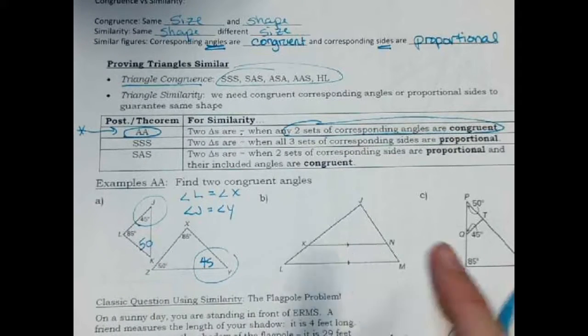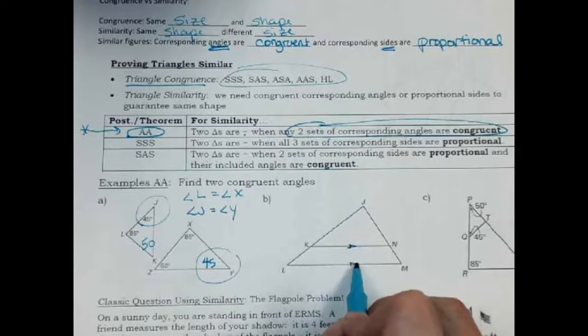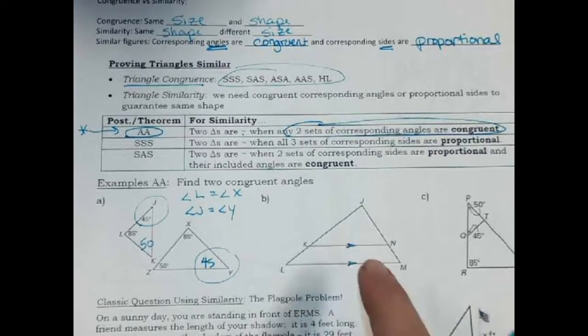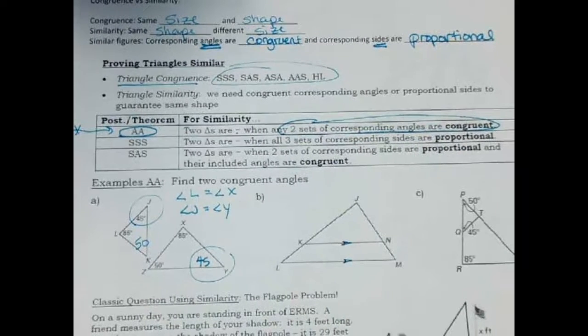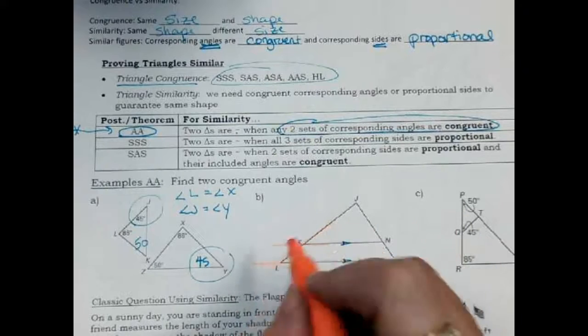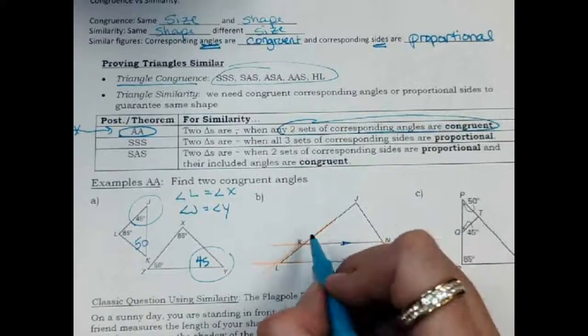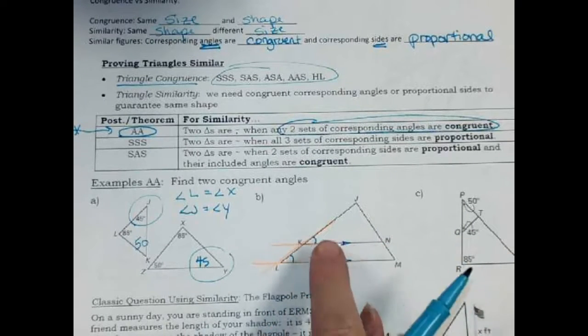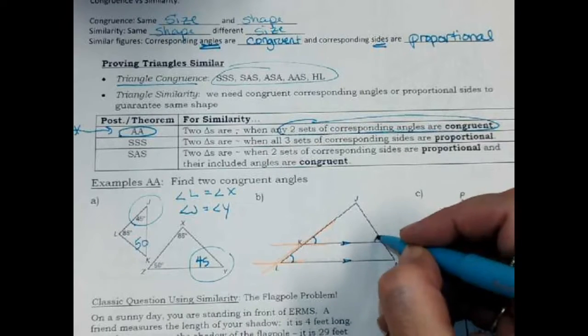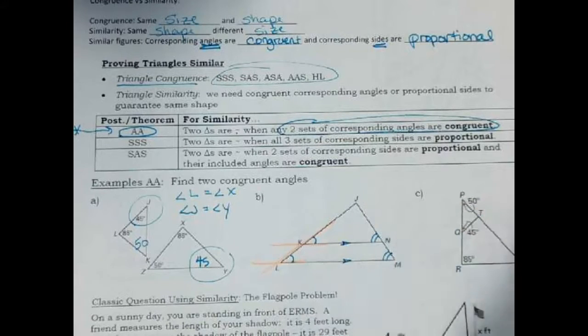On this one, remember that these little arrows mean that these lines are parallel, and in parallel lines, remember our parallel lines, I can say that this angle is congruent to this angle because these are corresponding angles. I can do the same thing on this side and say that this angle is equal to this angle.